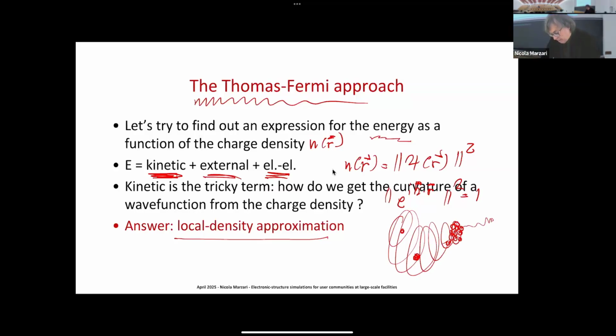Here the density is 0, here it grows, and then it goes to 0 again. And each infinitesimal cube contributes to the quantum kinetic energy of my water molecule exactly how it would contribute if we were to take the quantum kinetic energy of the homogeneous non-interacting electron gas.